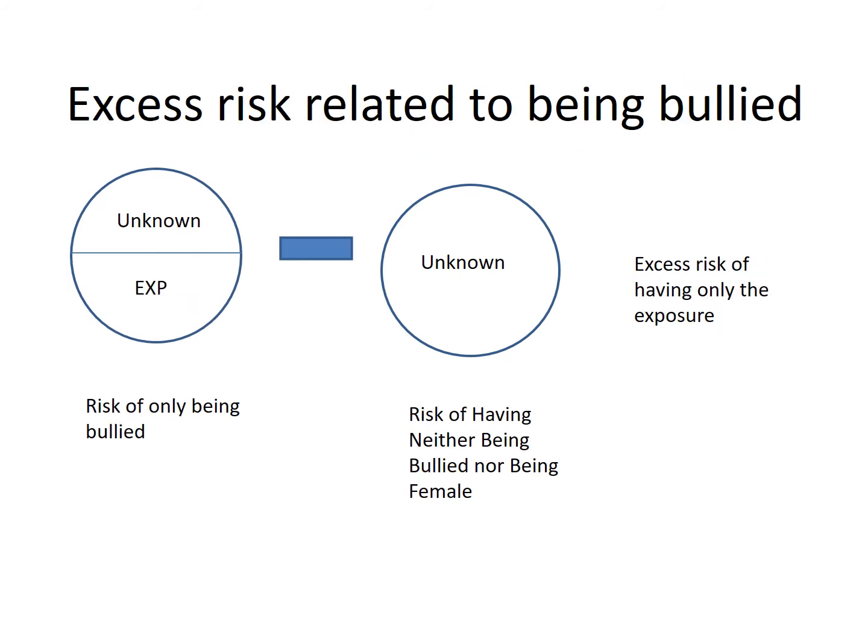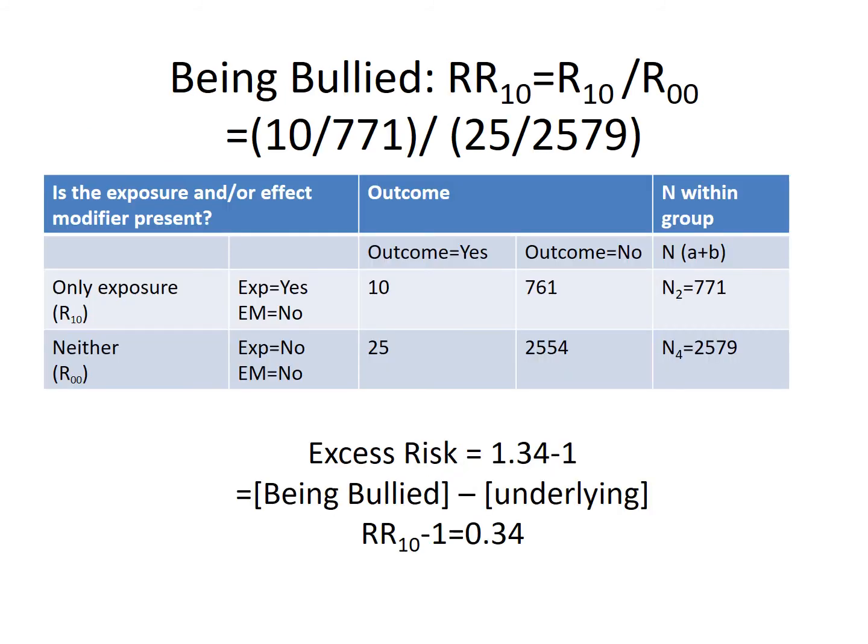So we want to know what is the excess risk related to just being bullied, just the exposure alone. So here we have that table, and I've just taken out the second row related to only the exposure and that fourth row, which is our comparison for all of this analysis, so that we can look at the risk ratio of just the exposed to those who are neither exposed nor have the effect modifier.